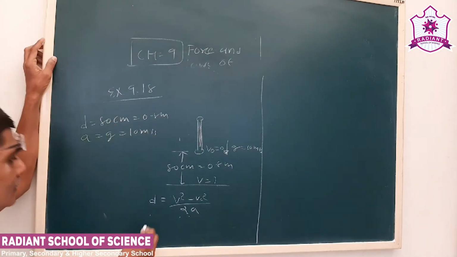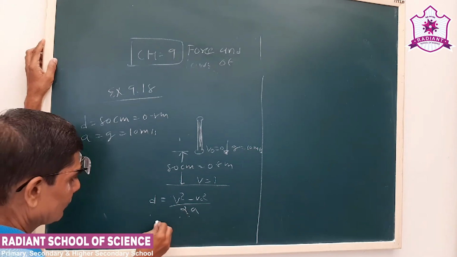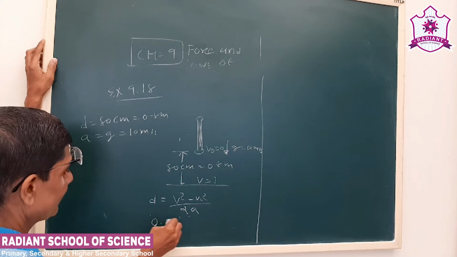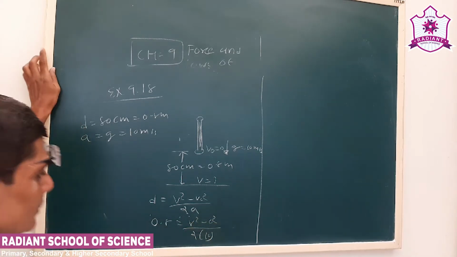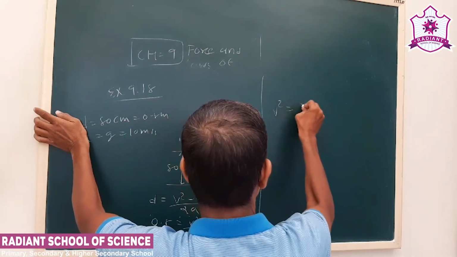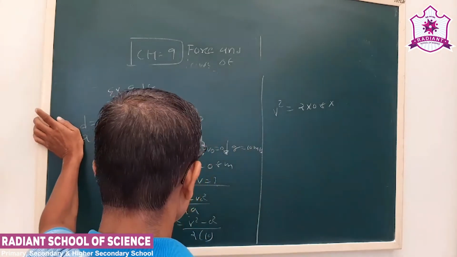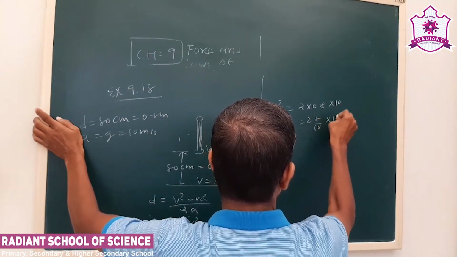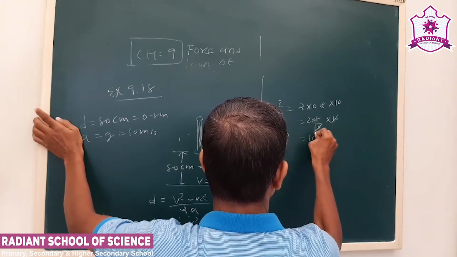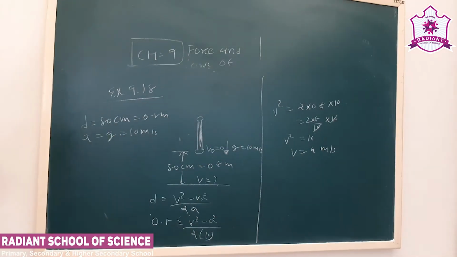Now what is the distance here? We have to find out the final velocity V. See, D is 0.8, V0 is 0, A is 10. So V square is 0.8 into 2 into 10. Now see, velocity we obtain as 4 meter per second.